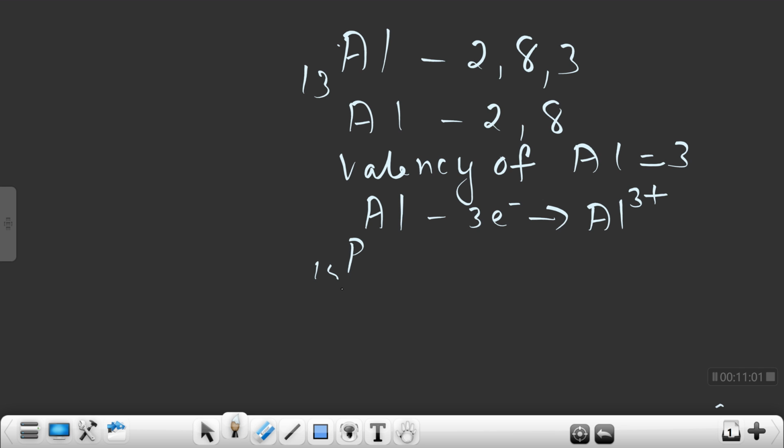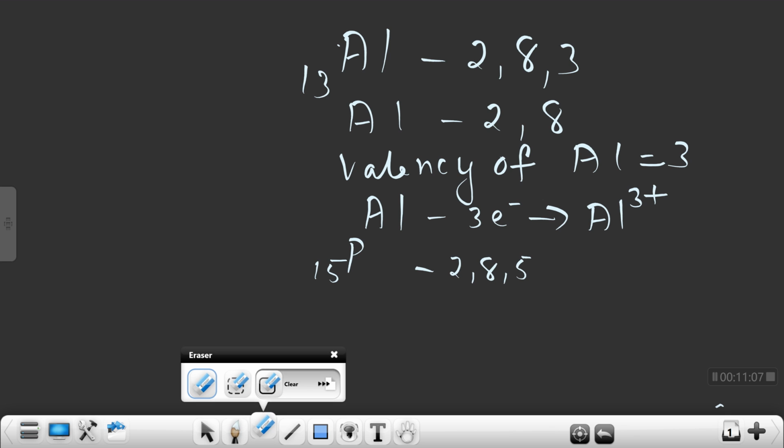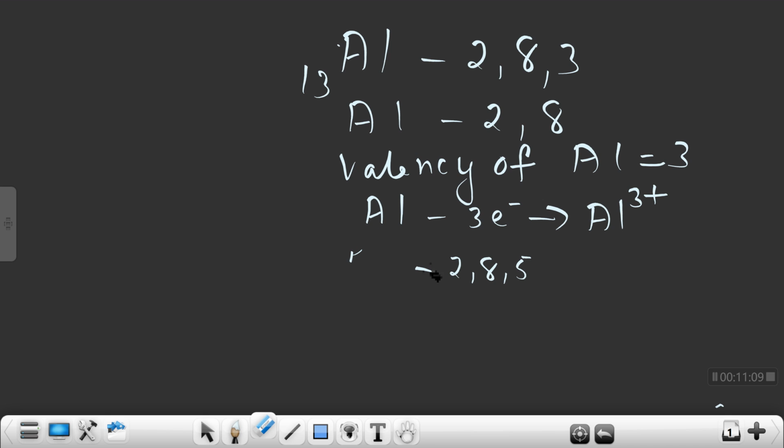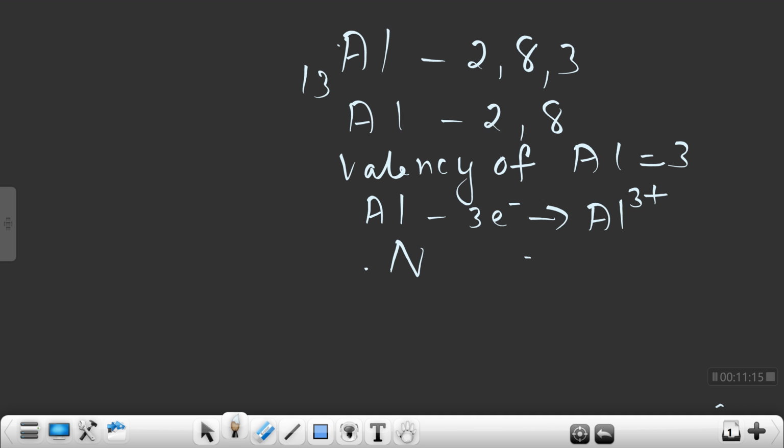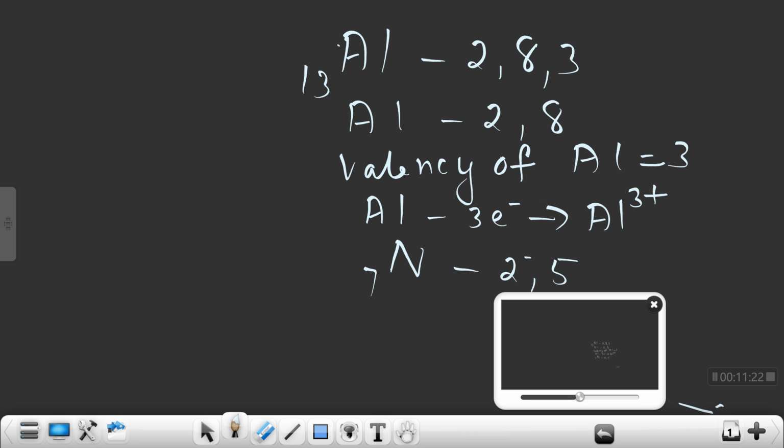Another example, phosphorus 15, 2,8,5. Or another small example, nitrogen. Atomic number 7. So its electronic configuration is 2,5. It is a non-metal.